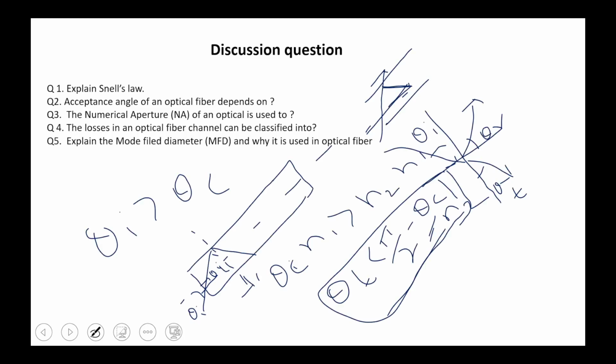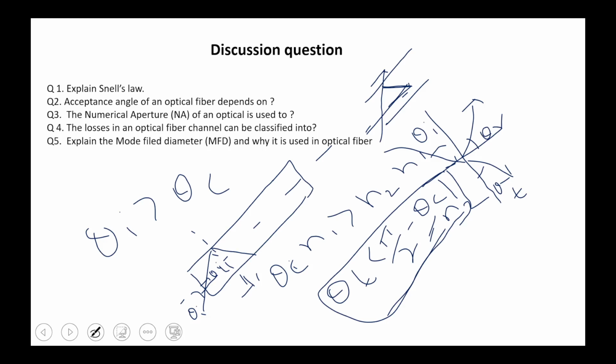So the next question is, what is the mode field diameter and why is it used in optical fiber? We all said that the modes are LP01, LP11, and so on. What is the mode field diameter and why is it used in optical fiber? Anyone can answer that?